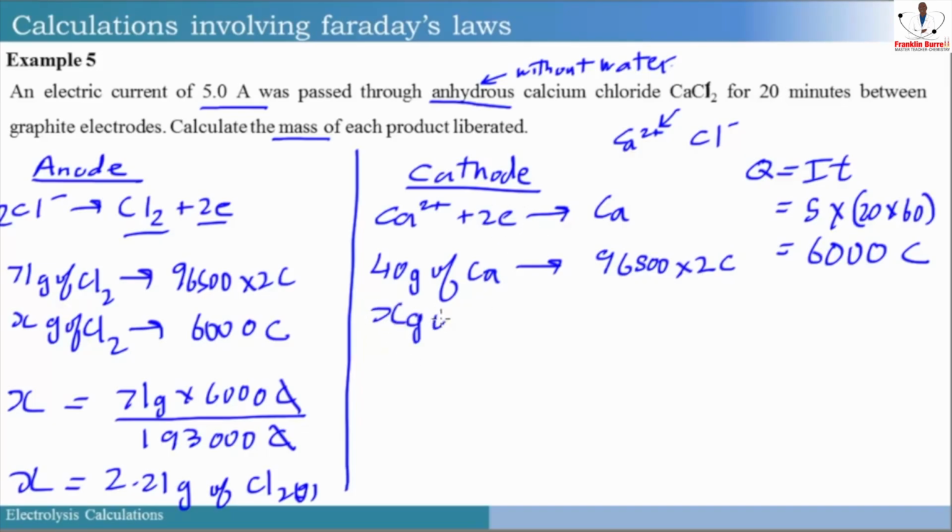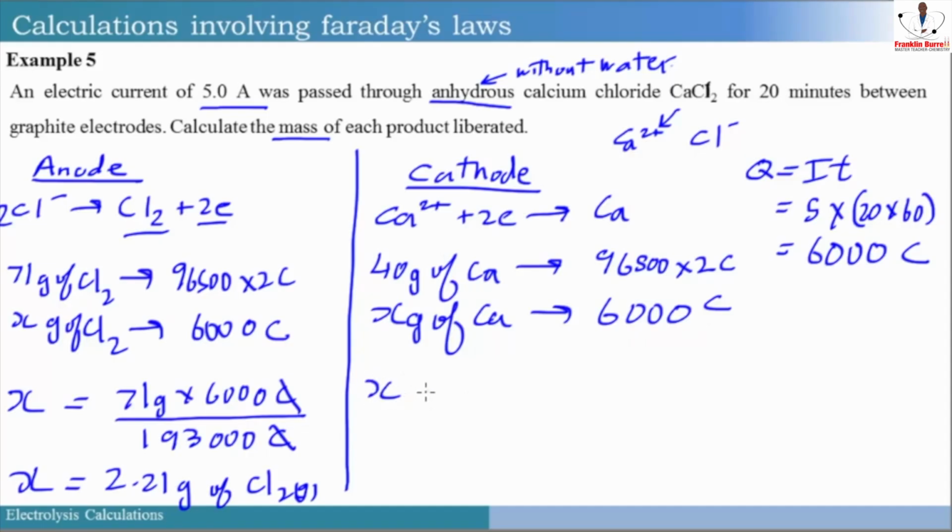So what mass of calcium would be formed if 6,000 coulombs of electricity was used?